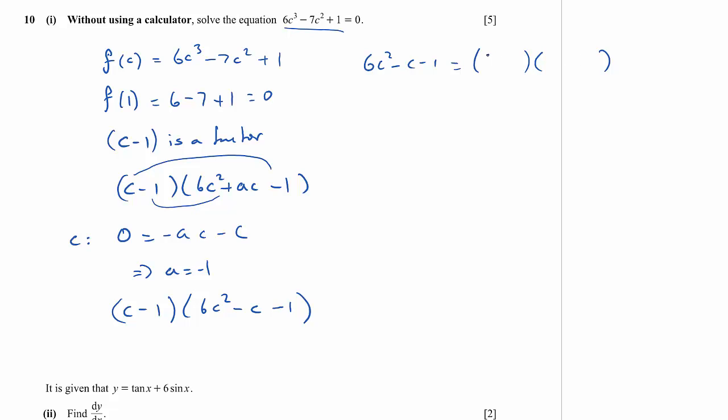So if I do 3c and 2c, 1 and 1, make this one a minus and this one a plus, that does it. So c is -1/3, or c equals 1/2. And don't forget the c equals 1 that we found before.